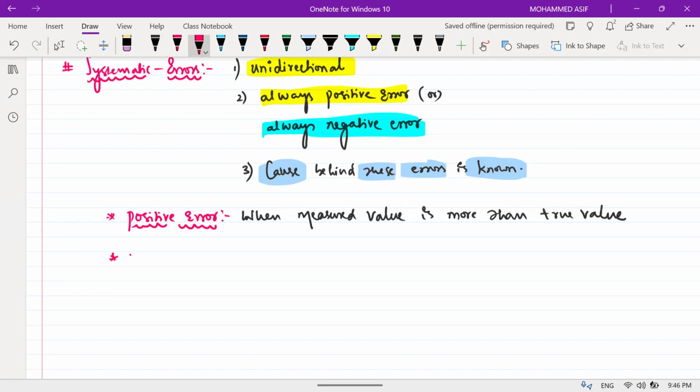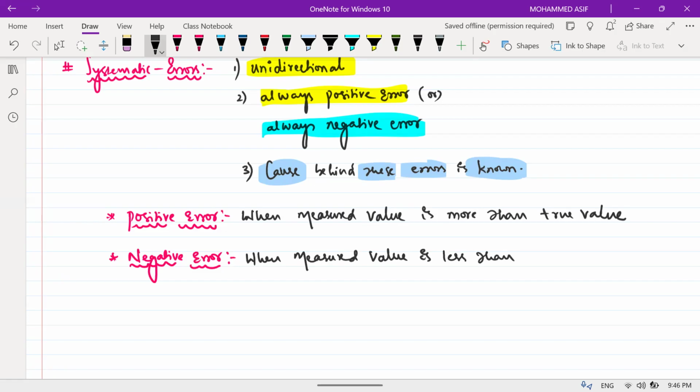In the same way, negative error. Negative error means when the measured value is less than the true value.